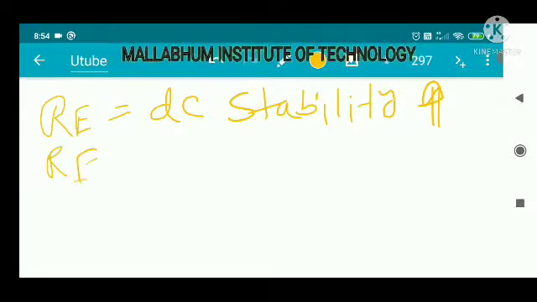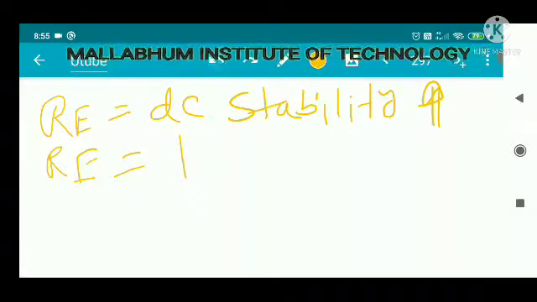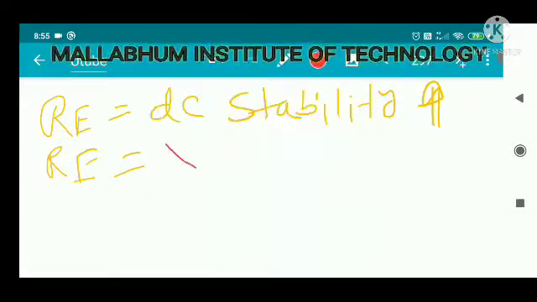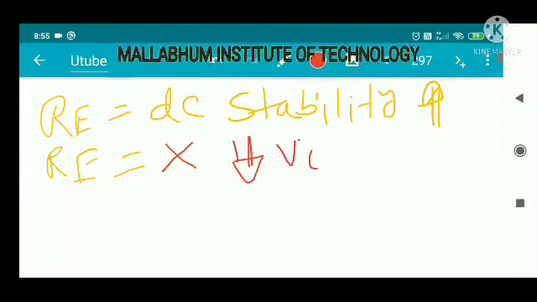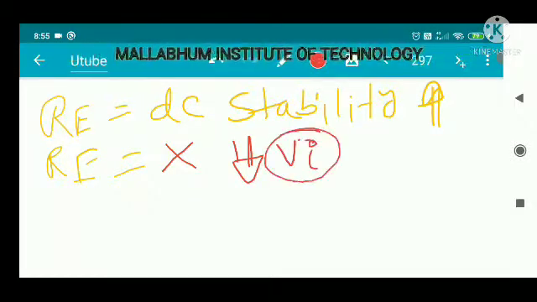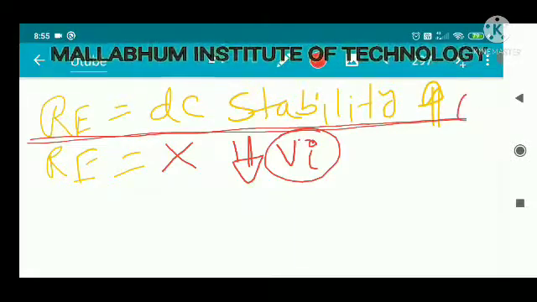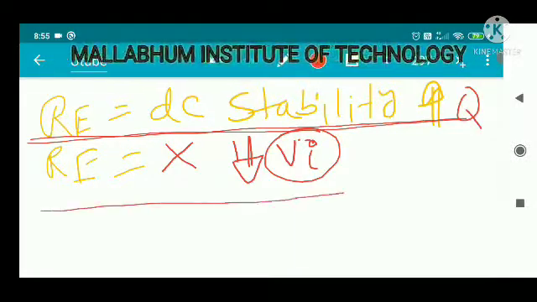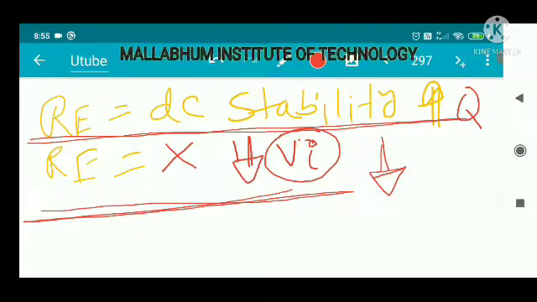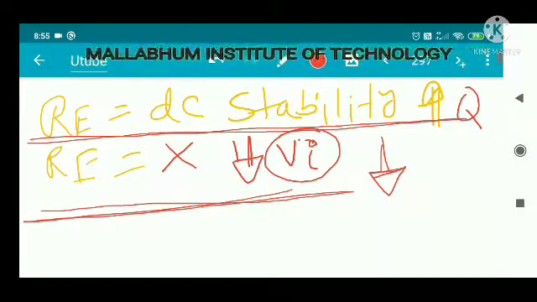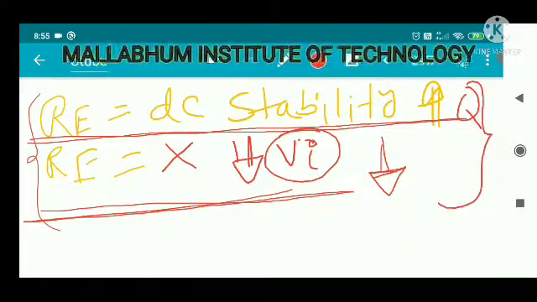But at the same time, we don't require RE because it is reducing the input voltage Vi in the AC analysis. So it is improving the DC stability, or the Q point, but during the AC analysis it is reducing the input voltage. So we require RE, but at the same time we don't require RE. That is the paradox being created, so we have to solve it.